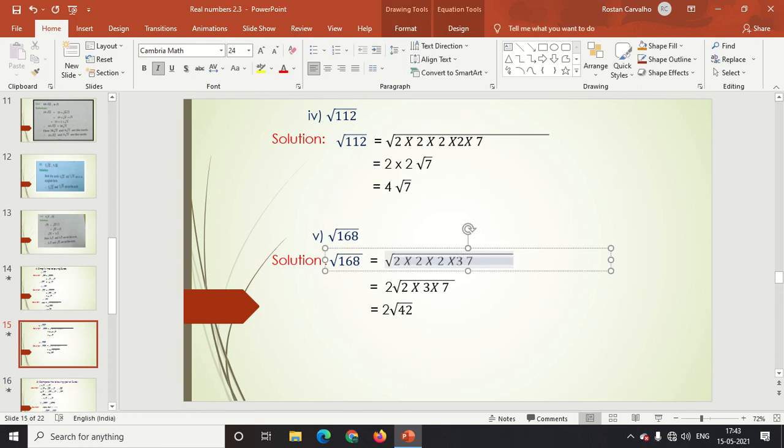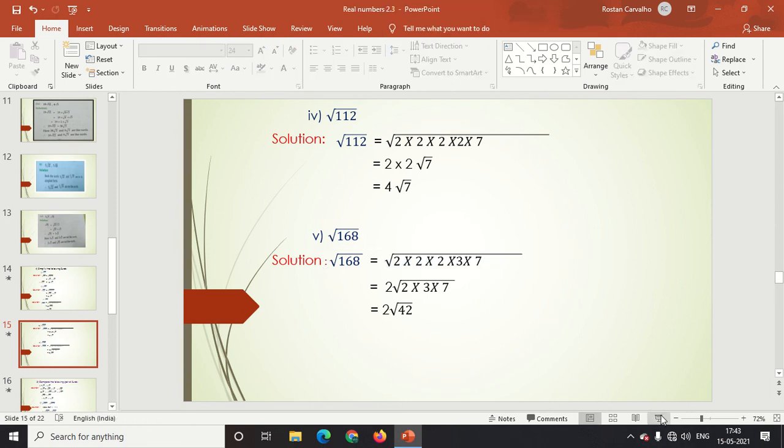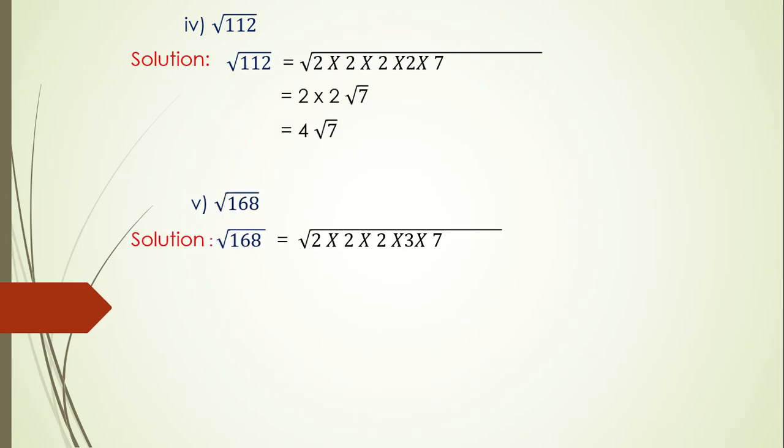Here 3 was missing. So I think that should be proper now. 7 3s are 21, 21 2s are 42, and 42 4s are 168.